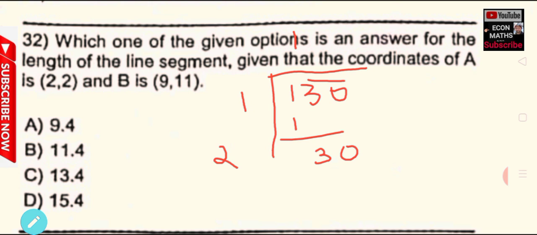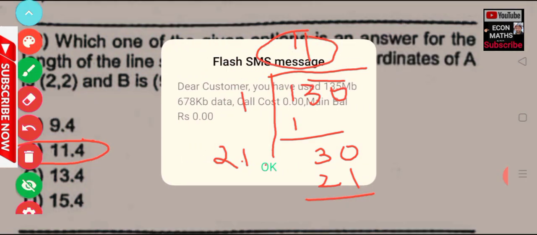Now what will we multiply to 1? We add 1 and 1, this becomes 21. So probably 11 is here. We don't need to go for the decimals. The correct answer would be 11.4. So I hope you know this method.